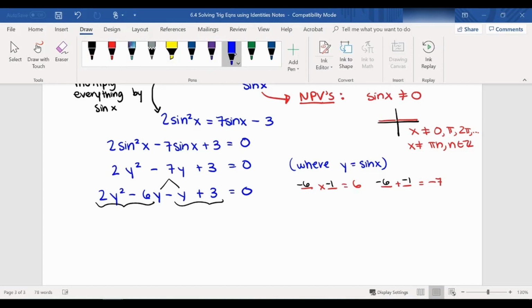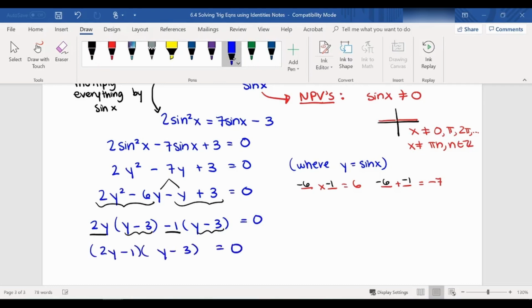In my first two terms, my common factor is 2y, and then I am left with a y minus 3. My second two terms, I'm going to take out a -1, and then I would also be left with a y minus 3. That means my two factors are the 2y minus 1 here and the y minus 3 in the brackets.